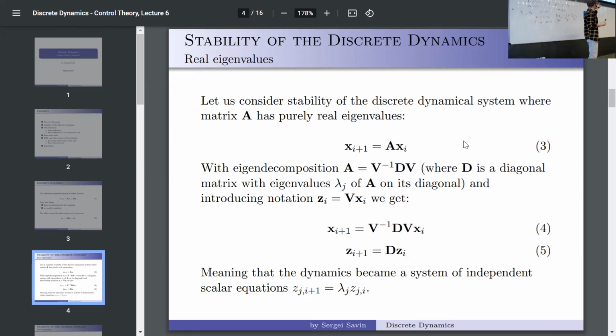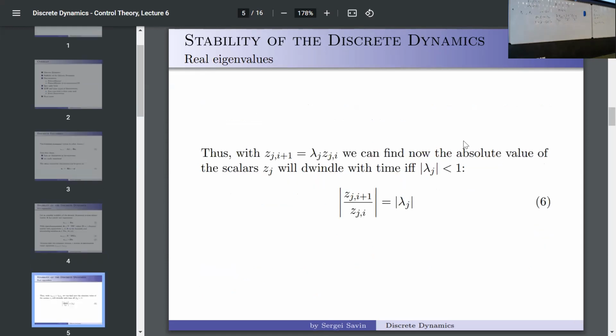Now looking at the expression on the bottom of the slide, let's see if it is written out on the next slide. What we can discuss is how the norm of Z changes with time for this scalar case. Let's just divide Z sub i plus 1 by Z sub i.